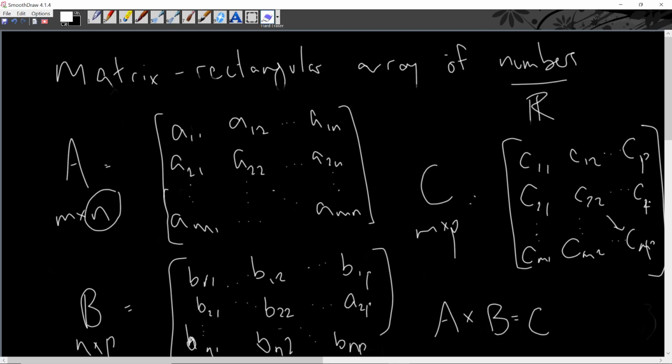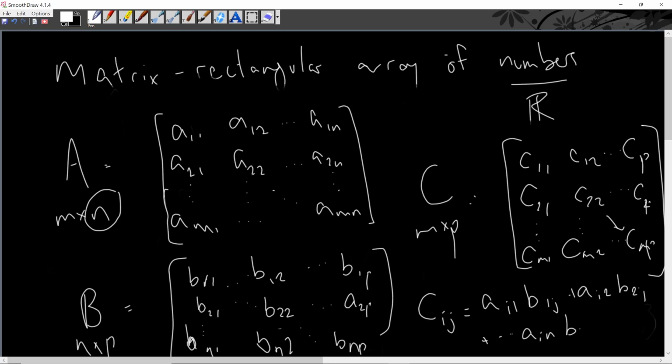This matrix multiplication of all the elements of Cij will look like Cij is equal to Ai1 times B1j plus Ai2 times B2j, and then on and on and on until you get to Ain times Bnj, right? And I wanted those to be the same, so that we can actually see this.